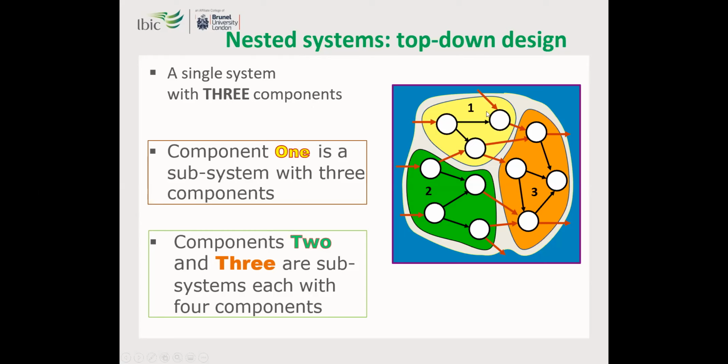Component 1, the yellow one, is a subsystem with three other components. Components 2, the green one, and 3 are subsystems, each with 4 components. Each of these components, as you see, has a different number of components inside.